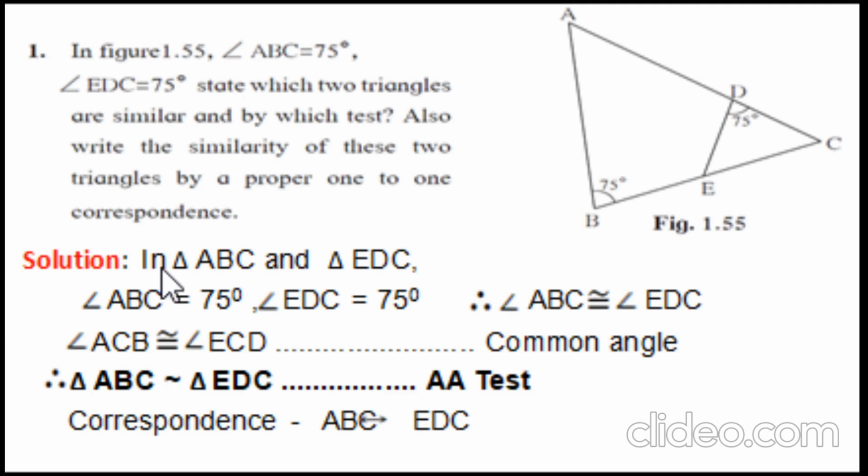Now we take two triangles. In triangle ABC and triangle EDC, angle ABC is equal to 75 degrees and angle EDC is equal to 75 degrees. Both the angles are of the same measurement, therefore these two angles ABC and EDC are congruent. Then in these two triangles, one angle is common to both triangles, this one, C. Therefore angle ACB is congruent to angle ECD because it is a common angle between the two triangles.